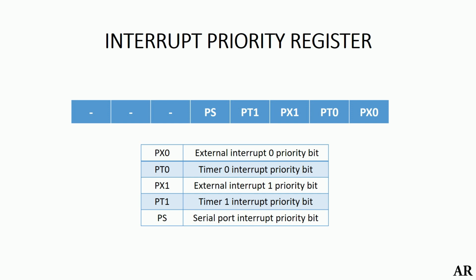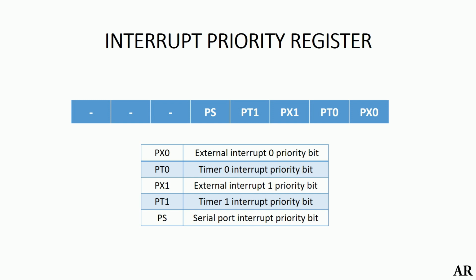When we power on the microcontroller, the default priority is taken. So in that case, all these bits, that is PX0, PT0, PX1, PT1 and PS, are set to zero. These 3 bits are don't care, so you can consider them to be 0 as such. The first 5 bits are set to 0 when your microcontroller is powered on, which is also called power on reset.